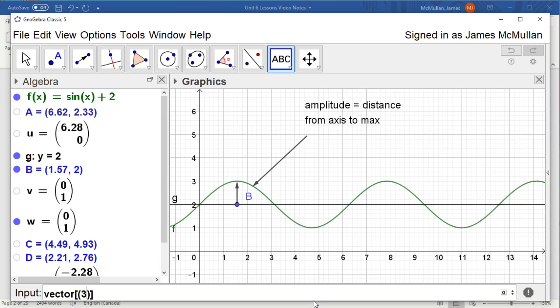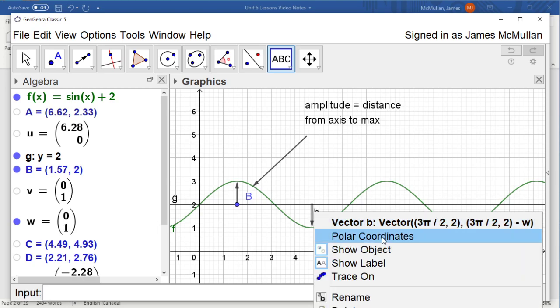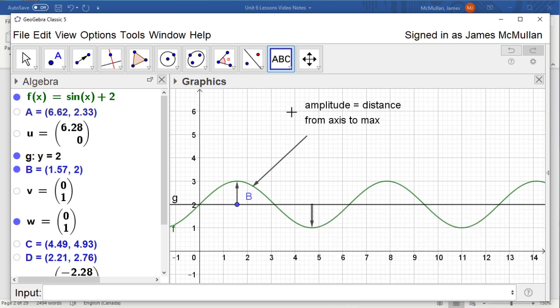So it would be 2, and then it would be negative w plus 3 pi over 2, 2. Okay, so there we go. So that's also an amplitude. So let's quickly make that point as well.